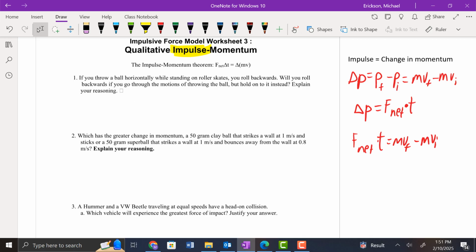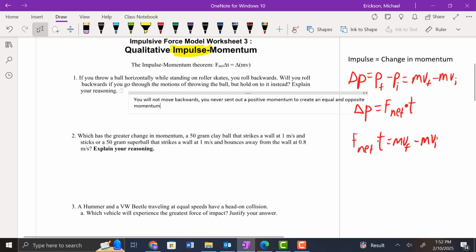So the idea of this problem is that if you pretend to throw the ball, you just hold on to it, you will not move backwards because you never sent out a positive momentum to create a negative, equal and opposite momentum. So that's what I would say there.